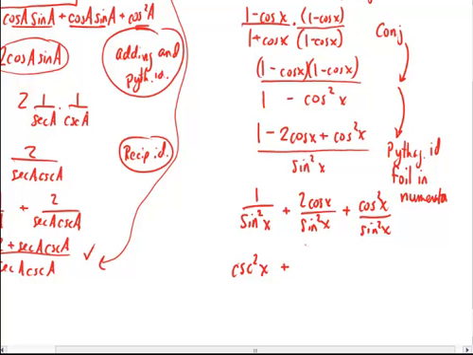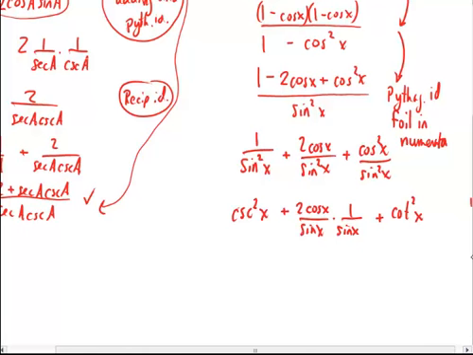Over here, I'm going to write this as 2 cosine of x over sine of x times 1 over sine of x. And over here, I'm going to write this as cotangent squared of x. So now, let me just take one more step to rewrite this.